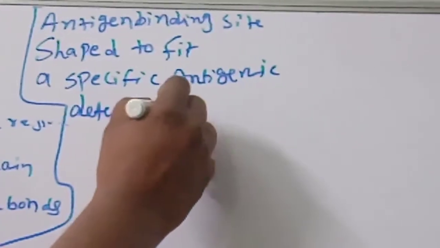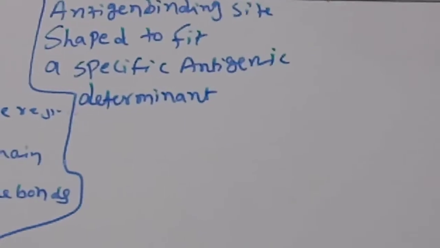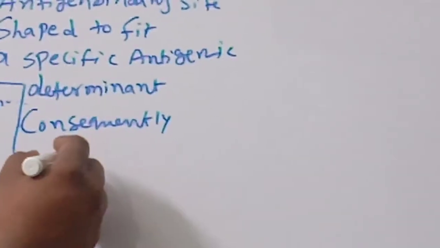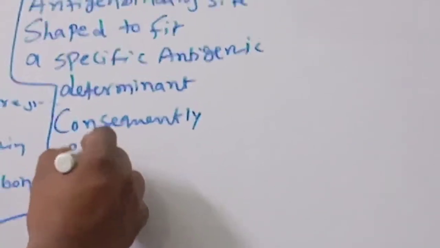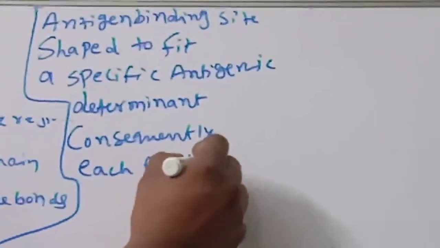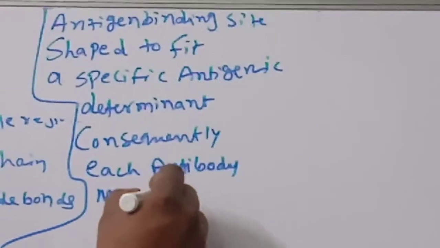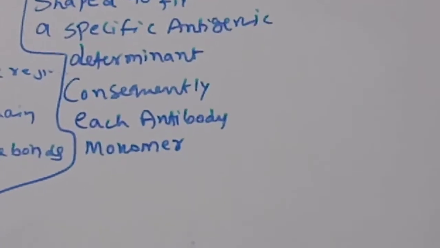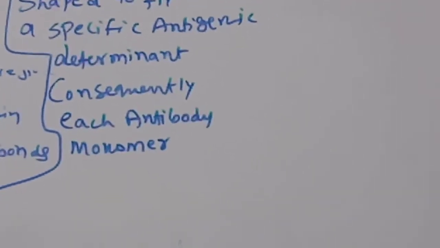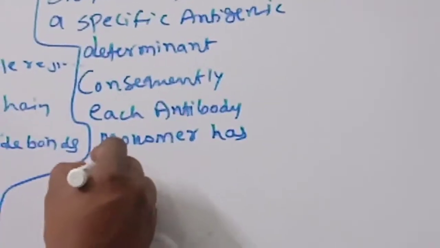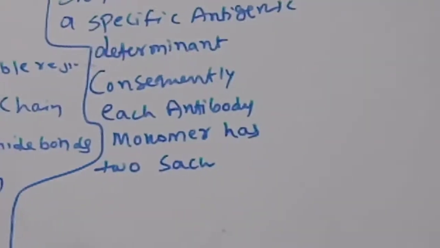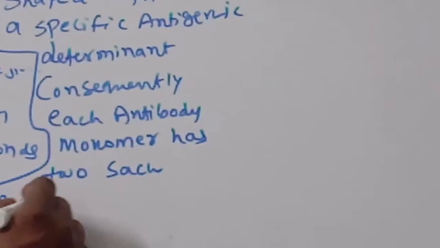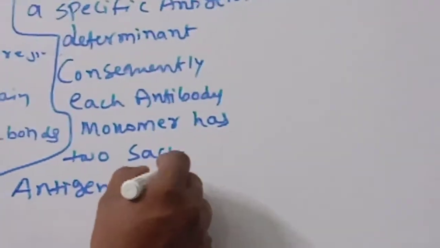Consequently, very important, each antibody monomer has two such antigen binding regions.